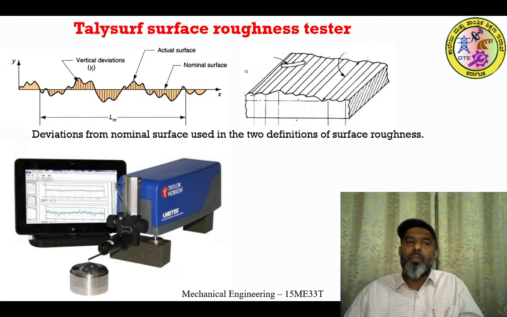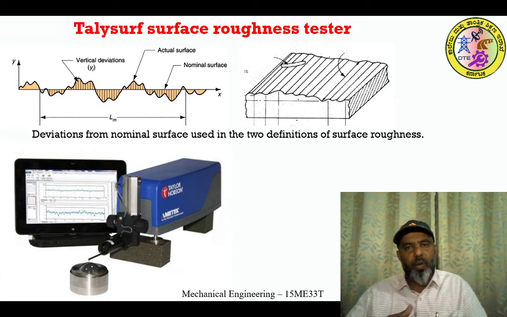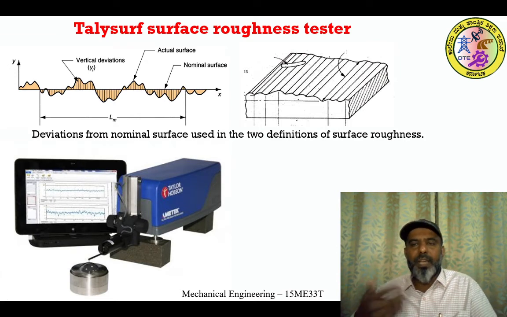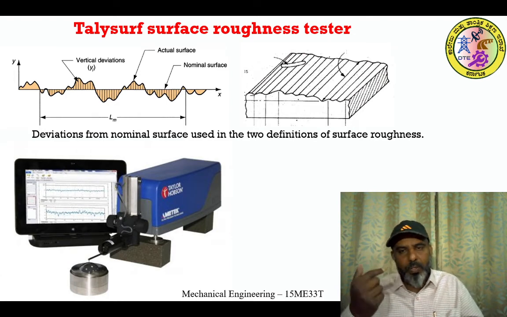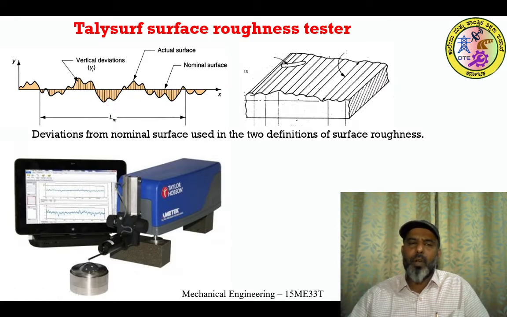And in case of the machined surface, the vertical deviations, either a peak deviation or a depth deviation, are reduced compared with the raw material surface. Then when we go for grinding operations, these vertical deviations are reduced further compared with the machined surface. And when you go for lapping or honing operations, the vertical deviations are reduced even more.